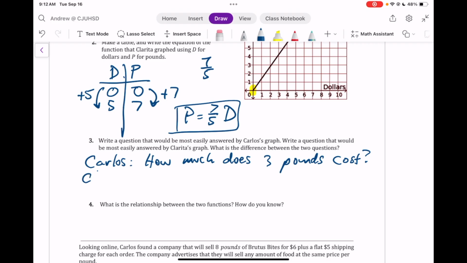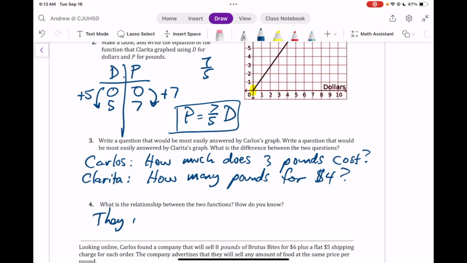And for Clarita, her equation is built to answer questions like, how many pounds for, let's say, $4. So the relationship between the two functions, number 4, is they are inverses. They undo each other. So they are undo functions.